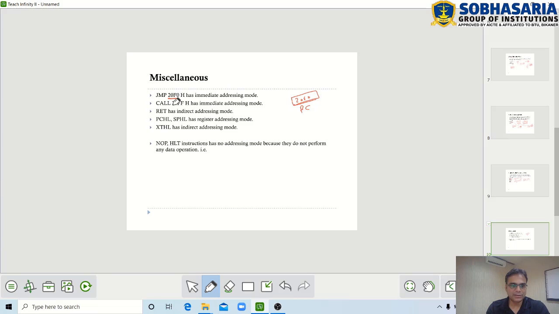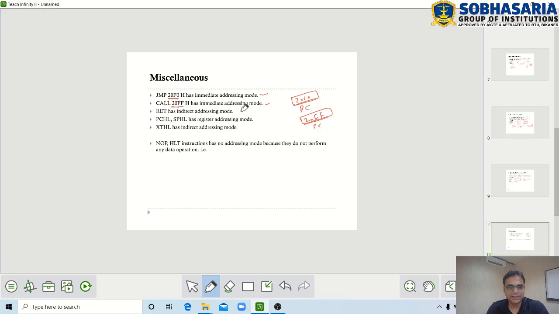Similarly with the call instruction also, because call is similar to the jump, call also loads the program counter with 20FF. So this call is going to load program counter with 20FF, and 20FF is visible in the instruction itself. That is why we call this the immediate addressing mode.